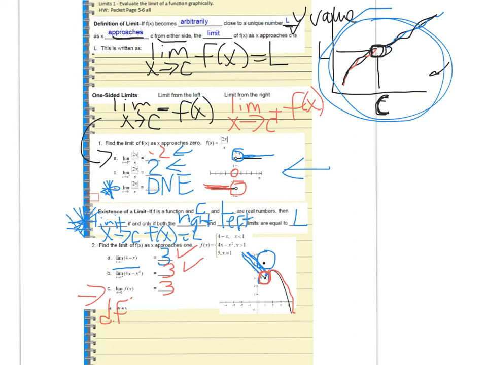D asks, well, what happens if I actually plug 1 into my piecewise function? So I'm no longer approaching. I am at x equals 1. Well, we can see it 2 different ways. We can go up to the piecewise function and say, well, it says right here, if I actually plug x into my function, it's going to spit out the y value 5. If I look on my graph, exactly at x equals 1, I'm looking for a closed dot.